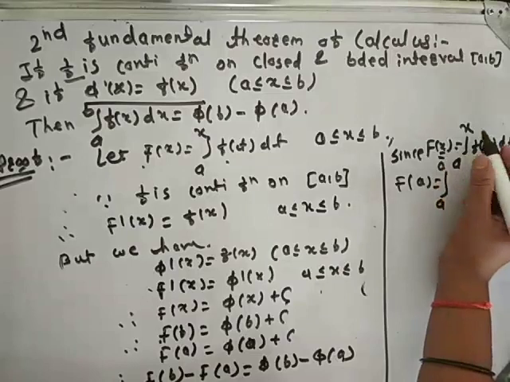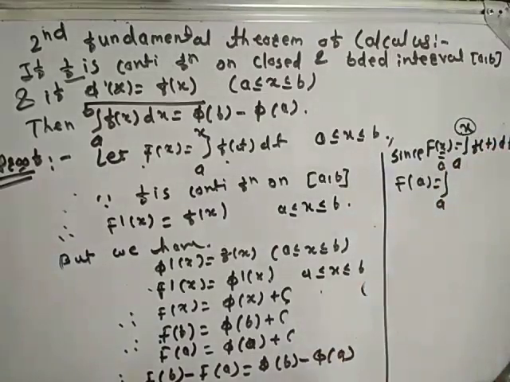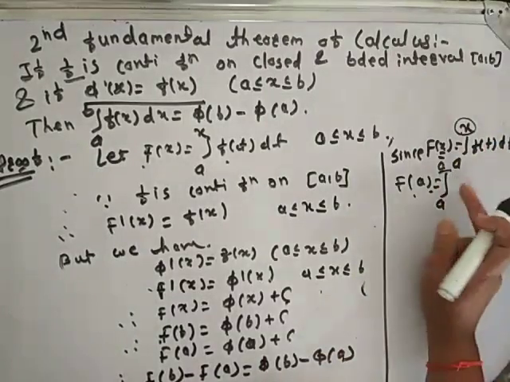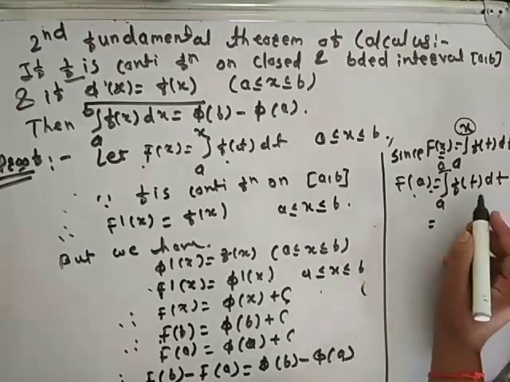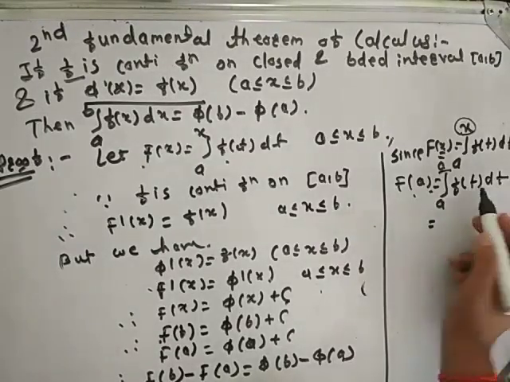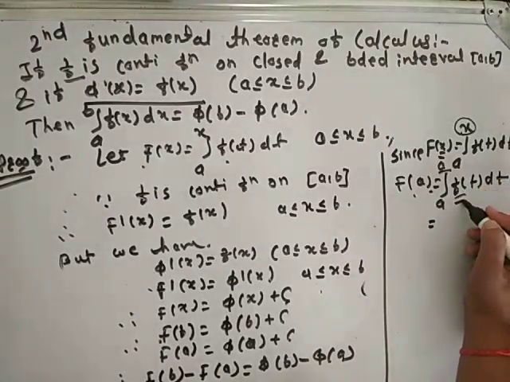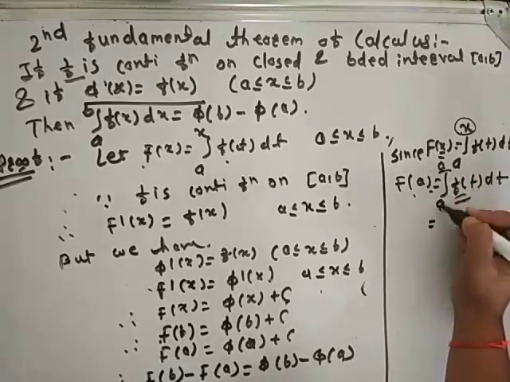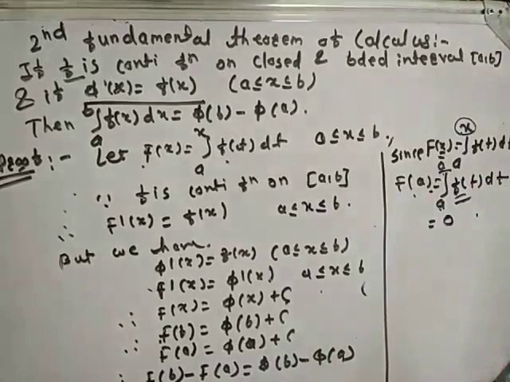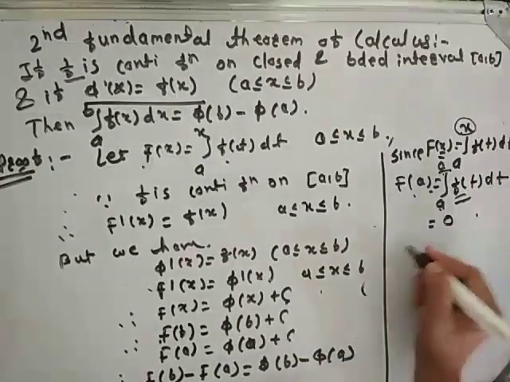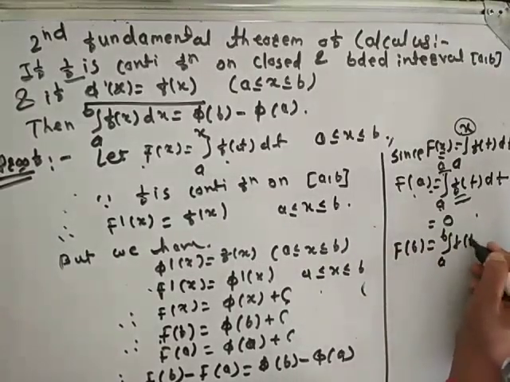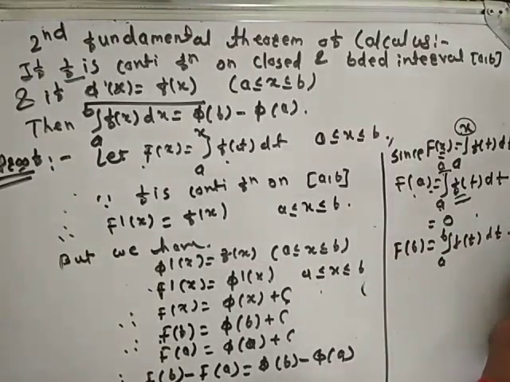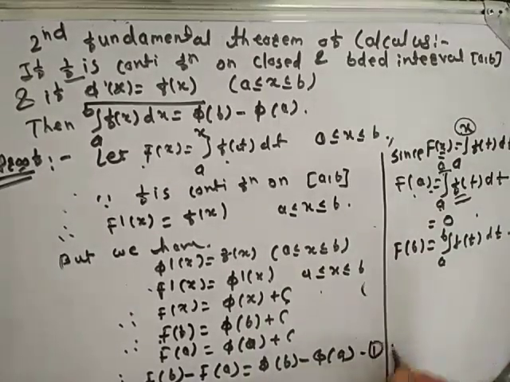See here, for F of x the upper limit is x, so here F of a is integration from a to a of f of t dt, which is equal to, obviously this function is any type of function, but when you take integration and simplify it, here the upper limit and lower limit are the same, that's why we will get F of a is equal to 0. Next is F of b, which is integration from a to b of f of t dt. Suppose this is equation 1.